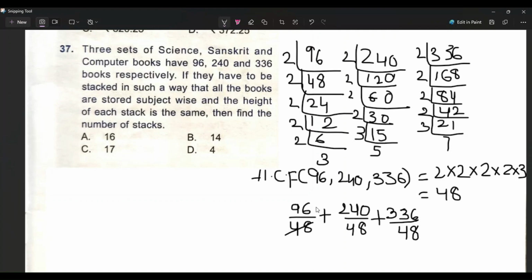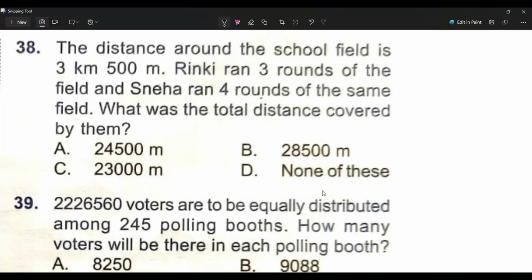So 48 ones are 48, 48 twos are 96, 48 ones are 48, 48 fives are 240, 48 ones are 48, 48 sevens are 336. So this is equal to 2 plus 5 plus 7, 2 plus 5 is 7, 7 plus 7 is 14. So number of stacks equal to 14. Option B is the right answer, children.